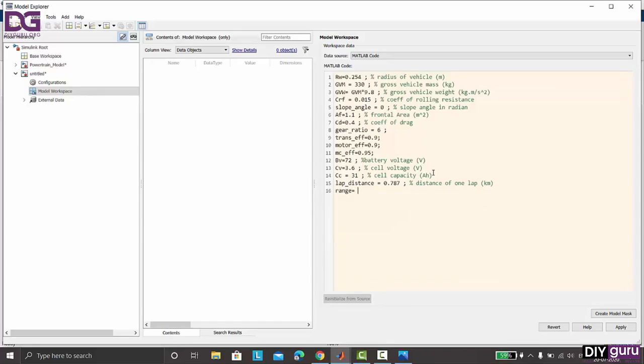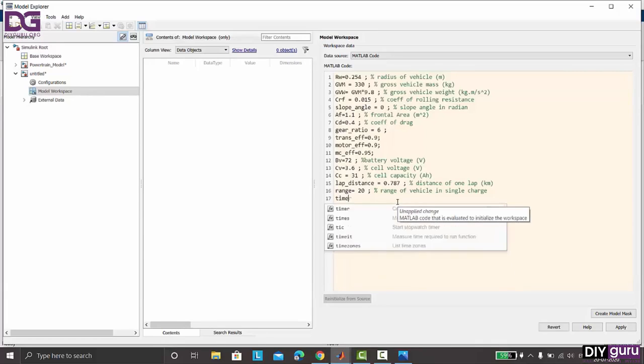Range required from our battery pack: we require 20 kilometers range for a single charge. And the time to complete one lap, as we obtained from Optimum Lap, is 60 seconds.